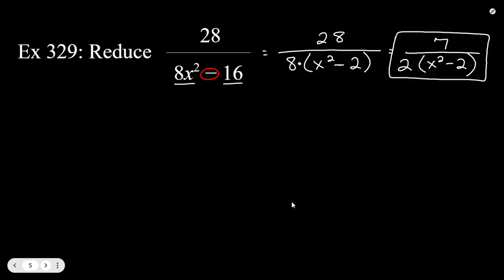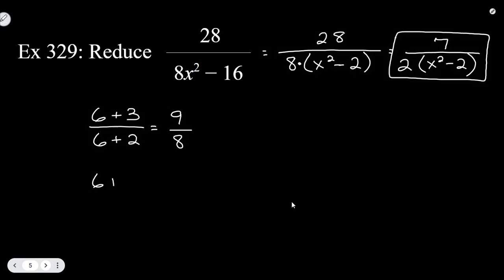Okay, so again, just to emphasize, because of this minus sign, it would be wrong if you tried to reduce the 8 with the 28 here or the 8 with the 16 here. That would create problems for you, and it would give you the wrong answer. Just as a quick illustration, if we had 6 plus 3 and then 6 plus 2, well, 6 plus 3 is 9 and 6 plus 2 is 8, so that would be 9 over 8.